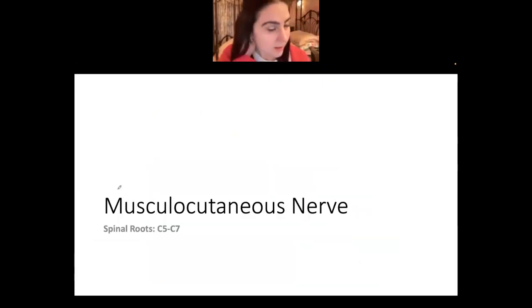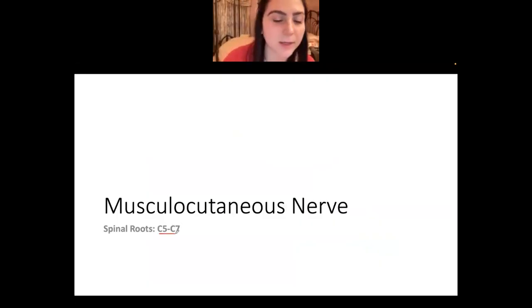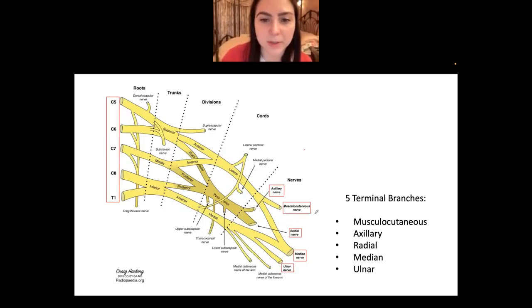All right. So starting with the musculocutaneous nerve, definitely know the spinal roots. What I mean by this is, I'll go back again. The musculocutaneous nerve comes from spinal roots C5 to C7. What that means is if you look at where the musculocutaneous nerve is, which is right here, and you follow it back, it's going to be comprised of roots C5 to C7. So if we draw, C5 goes here, goes here, goes here, boom.